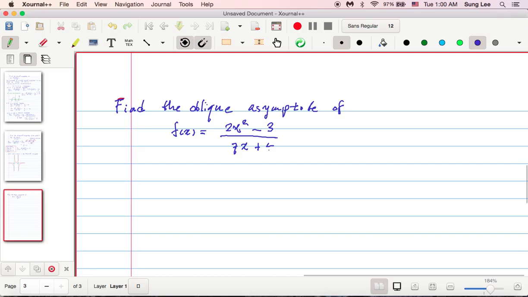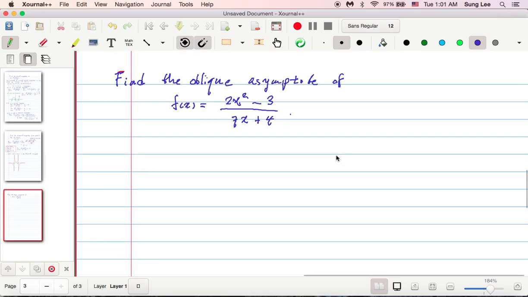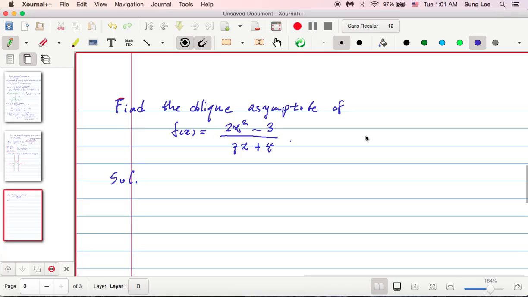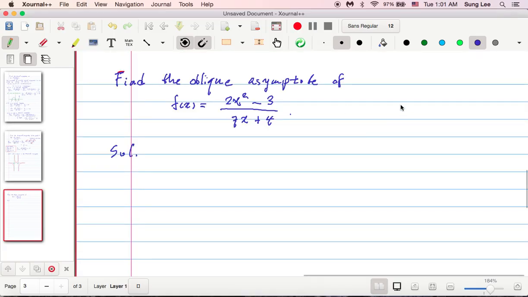Okay, so how do we do this? Well, the first step is we actually divide. Maybe I'll give you a quick heads up on what we are actually trying to do. It's the same as the following.